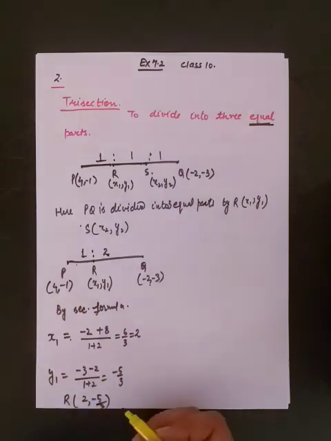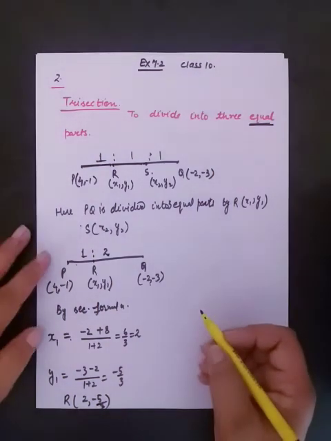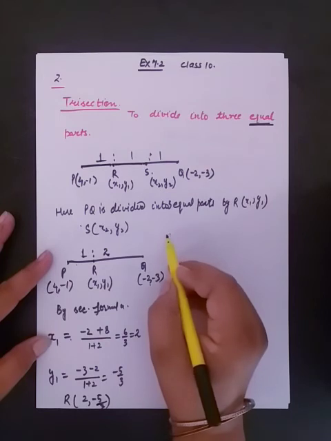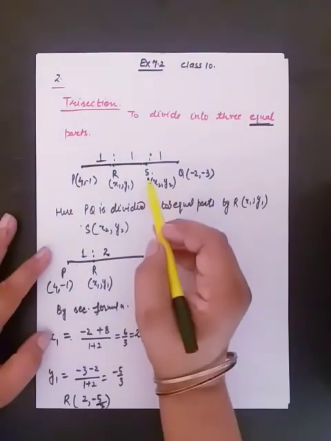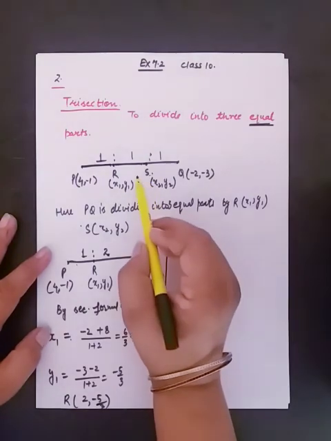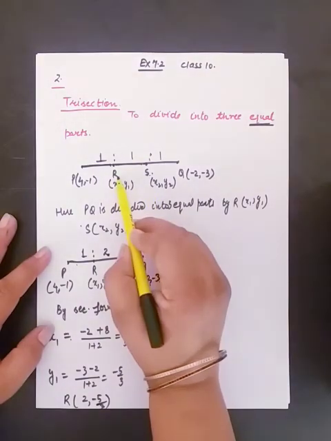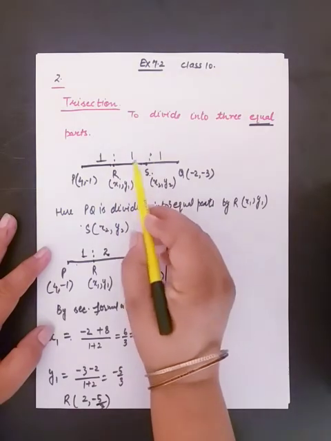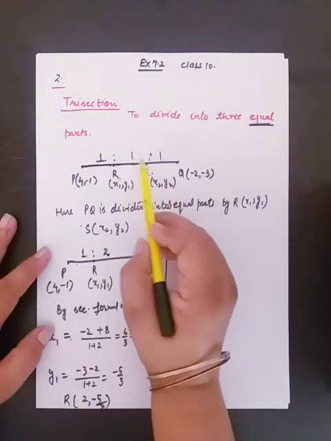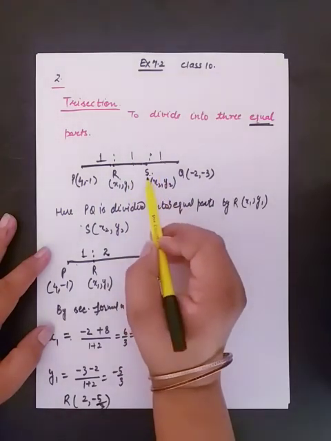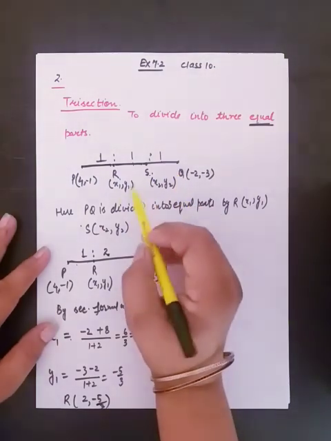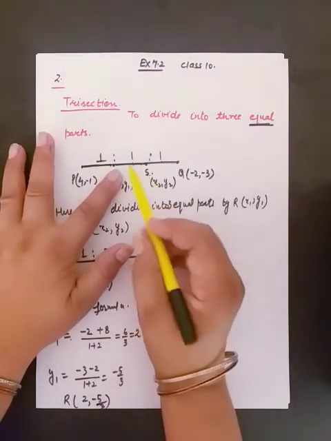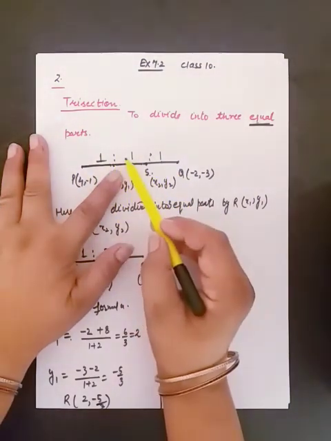Now we are left with the coordinates of point S. There are two options to find point S. In the figure you can see that point S divides the length RQ into two equal parts, so the ratio is 1:1. So to find the coordinates of S, we can find the midpoint of RQ, or you can say point S divides PQ in the ratio 2:1.